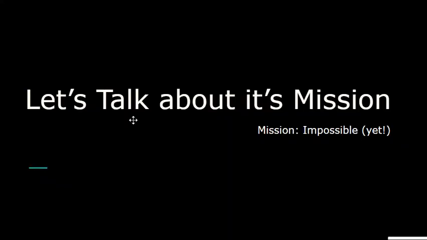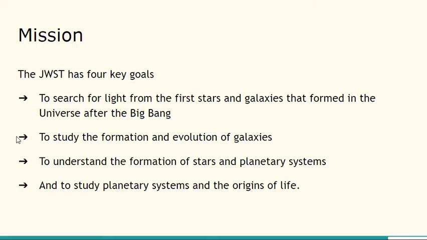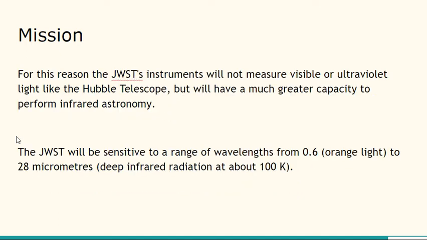So let's talk about its mission. Mission impossible yet, because we are not able to launch this telescope yet. So it has four key goals: to search for the light from the first stars and galaxies that formed in the universe after the Big Bang, to study the formation and evolution of galaxies, to understand the formation of stars and planetary systems, and to study planetary systems and the origins of life.